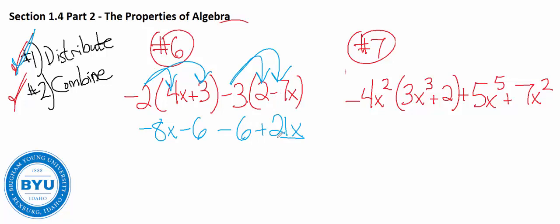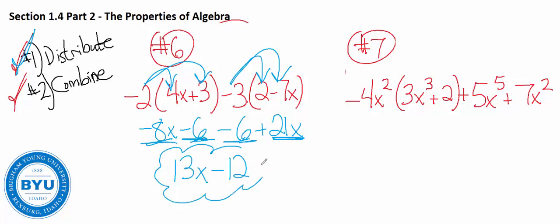Now we can combine our like terms, our x's with our x's. So 21 minus 8 is 13x. And negative 6 minus 6, that's negative 12. If you struggle with that, you can use your calculator because it's negative 6 and then minus 6 more. Okay, there's our answer.